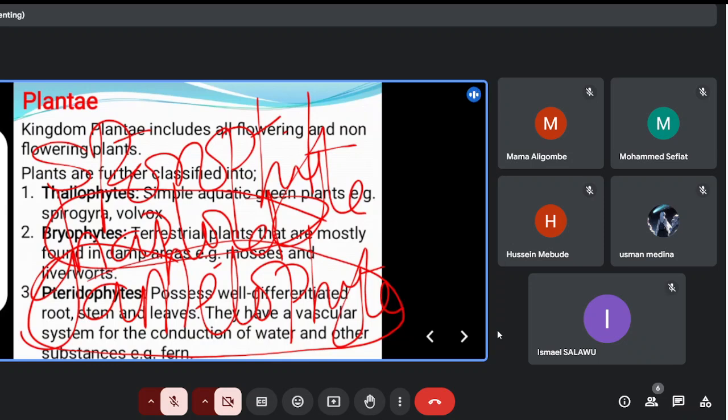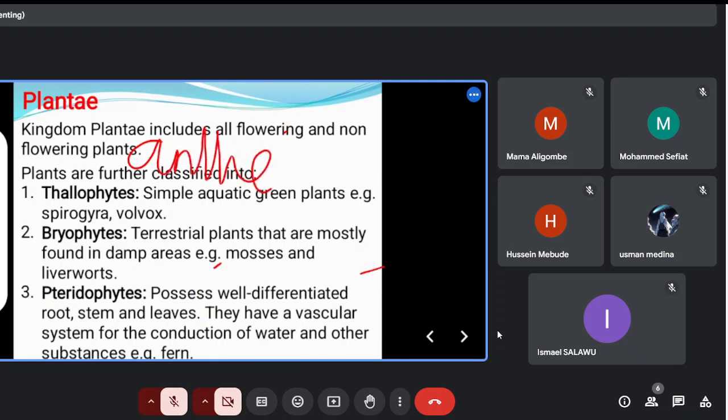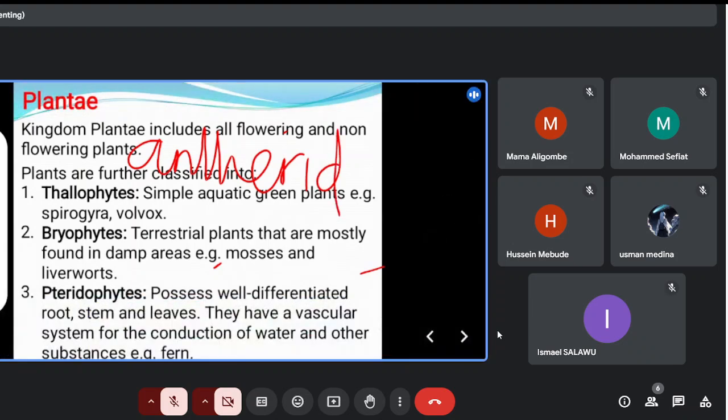They also have two gametes known as antheridia. Please, I want you to write that. It is not on the slide. Antheridia is plural, antheridium is singular, and archegonia or archegonium, singular.